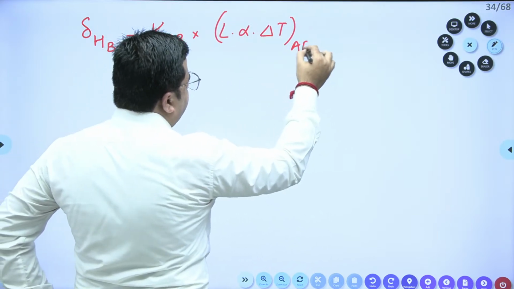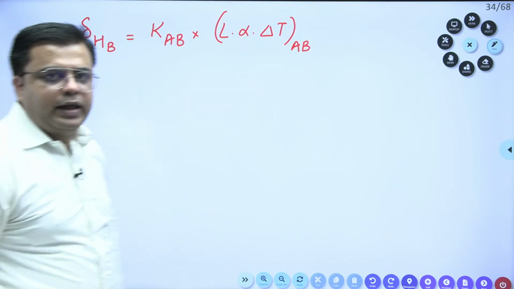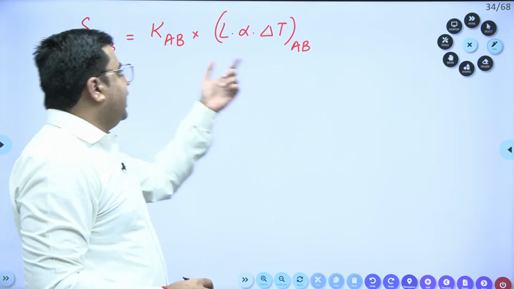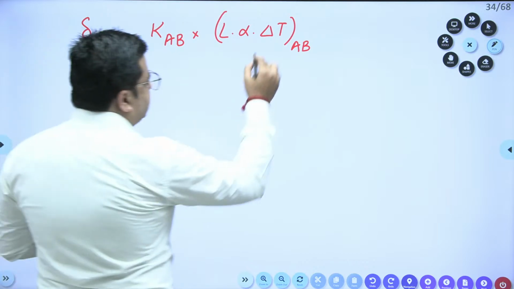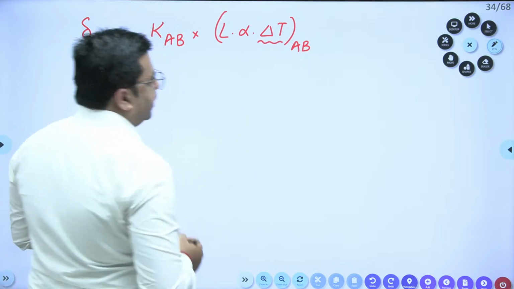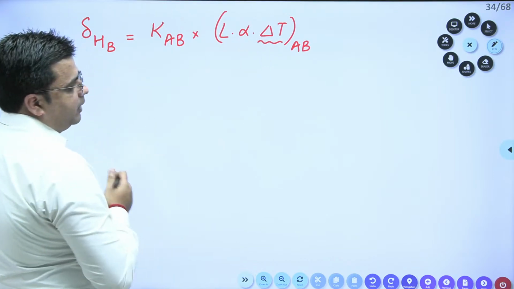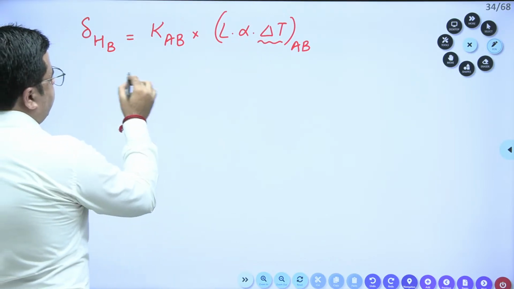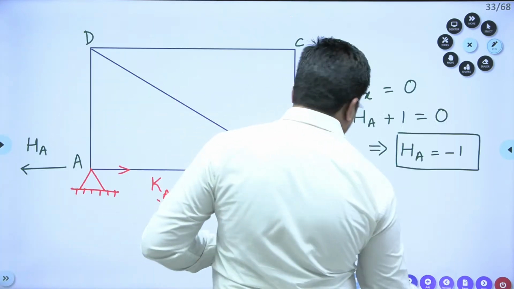For other members, delta T is equal to 0. Hence, there is no point in calculating the value of K for the other members, right? The change in temperature is happening only for member AB, therefore the extension or compression of length will take place in member AB. So KAB is 1. The length of the member is, I guess, 4 meters.